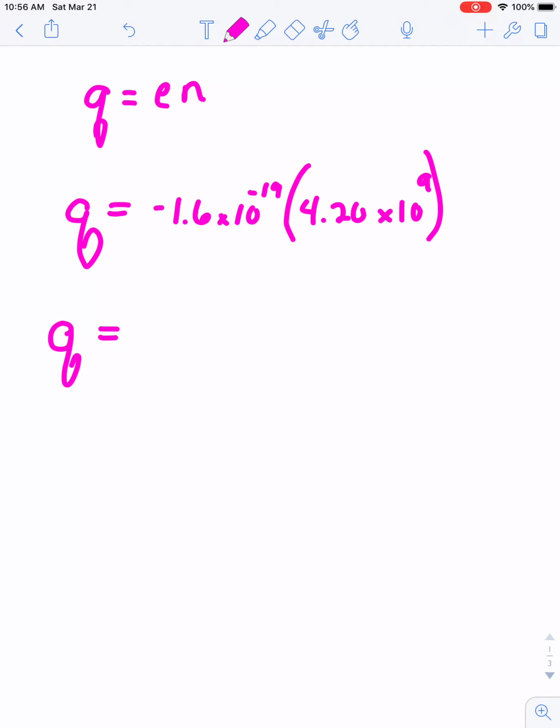Let me get my calculator. We have 1.6 times 10 to the negative 19th multiplied by 4.2 times 10 to the 9th.